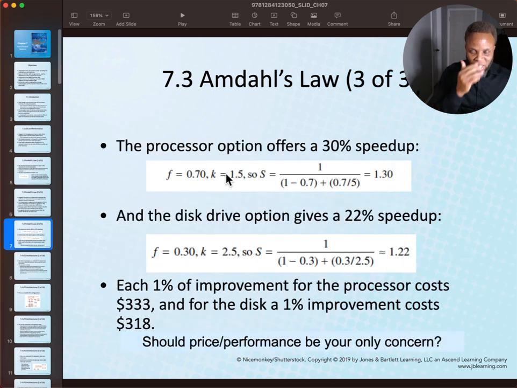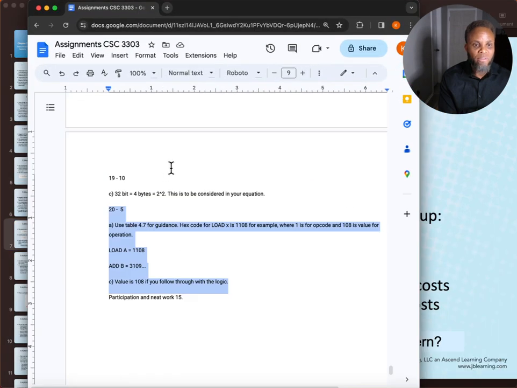Does that make sense? So in this first block here, we're trying to calculate the speed up if we decided to upgrade the CPU instead. So F is going to be 0.7 for the CPU, and K is equal to 1.5. Why is K 1.5? A 50% increase is equivalent to 1.5.